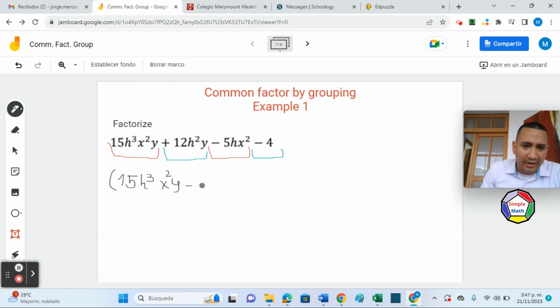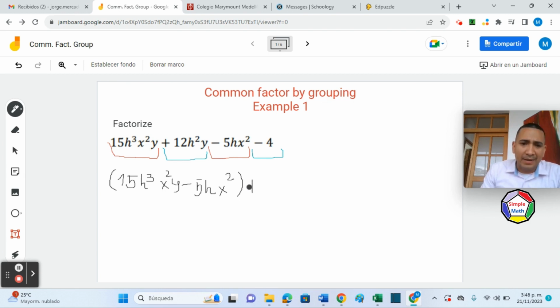So I will write here minus 5h x exponent 2, and that is my first group. So I close the parentheses.